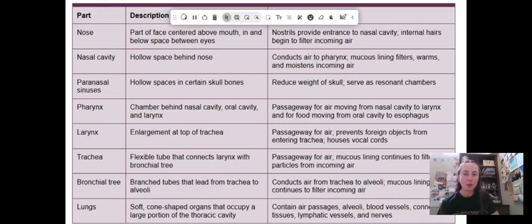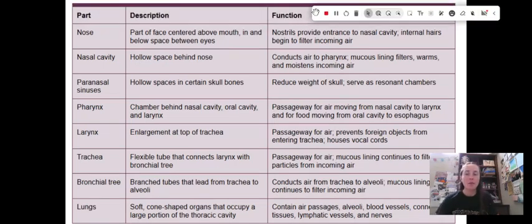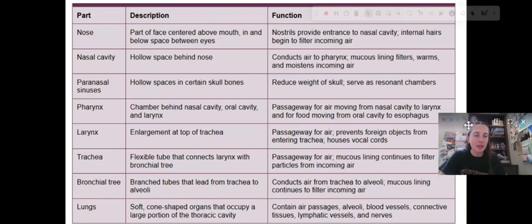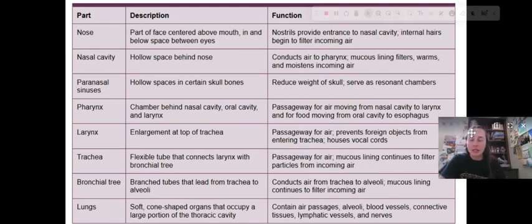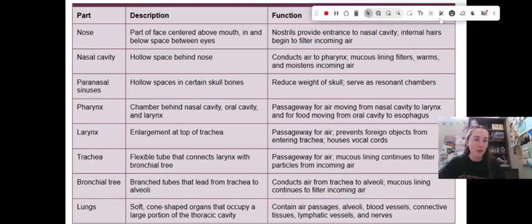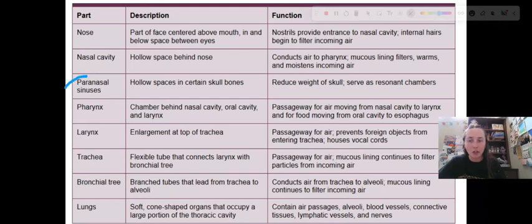All right, now on your guided notes, you have a little table that includes all the parts of the respiratory system that we're going to look at. Some of these you probably do not need to write the description. You probably already know what the nose is. But I know for myself, when I first started learning this, I hadn't really heard about the paranasal sinuses before, right?